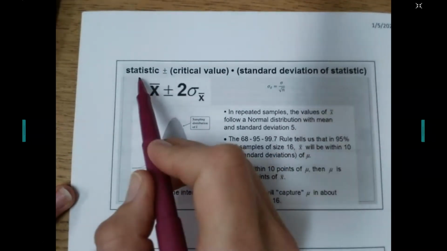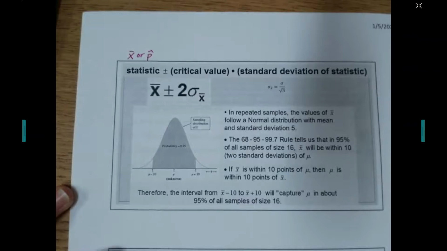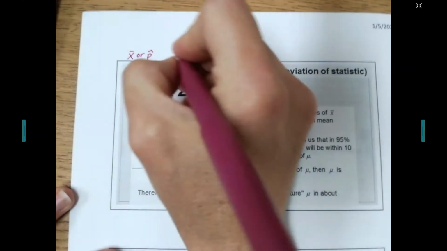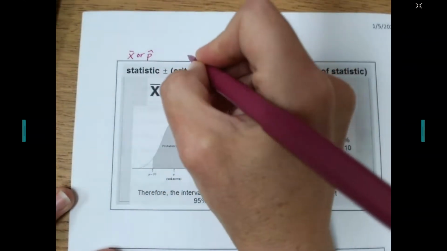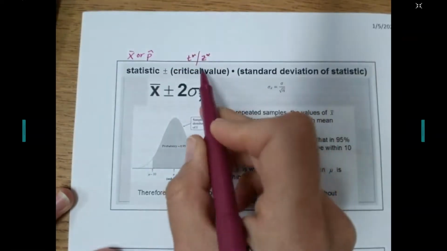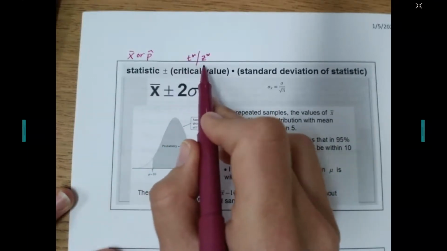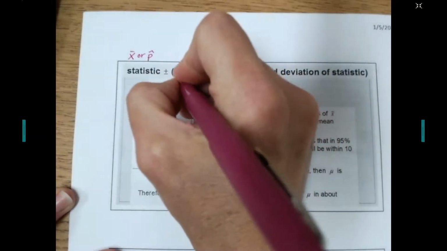Again, here is the form we're going to see when we create confidence intervals. You're going to start with your statistic. That's either going to be x bar or p hat, depending on whether we're dealing with means or proportions. Then plus or minus your critical value. That's either going to be t or z. We haven't learned t yet. That's going to go with means, but we'll talk about that later. And it's just a number of standard deviations away from the mean.